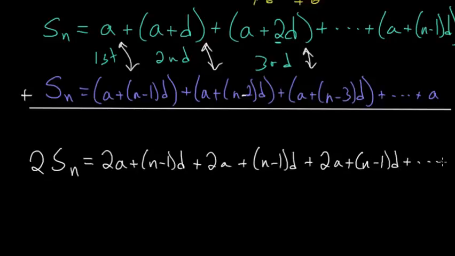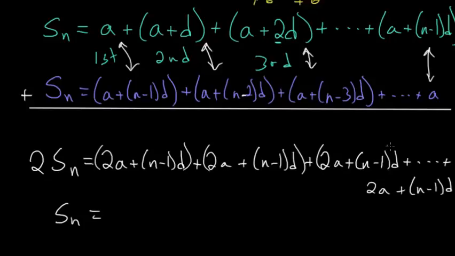And we're going to keep adding all the way till we get to the last terms in this and add these together. We'll again have this 2A plus n minus 1 times D. And then solving for S sub n, notice we have the same thing, and we have it n times, since there are n terms in our sum.